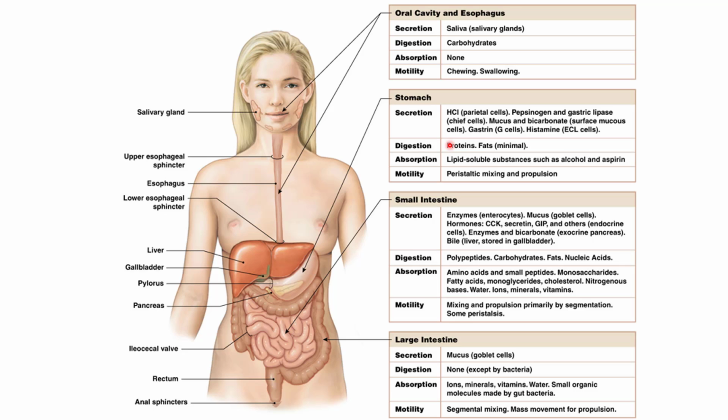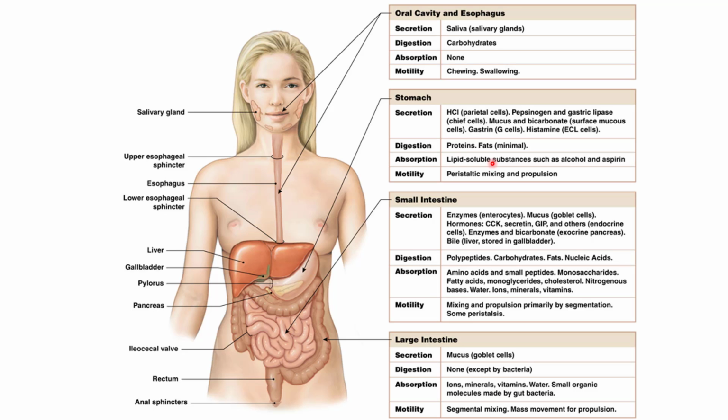And then the digestive hormones gastrin and histamine will be secreted by G cells and our ECL cells in the stomach. The digestion that occurs in the stomach is going to be protein. Pepsinogen gets activated by our gastric acid, and it becomes its active form of pepsin that helps break down our proteins.